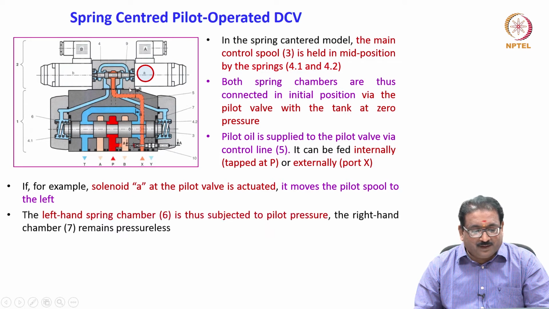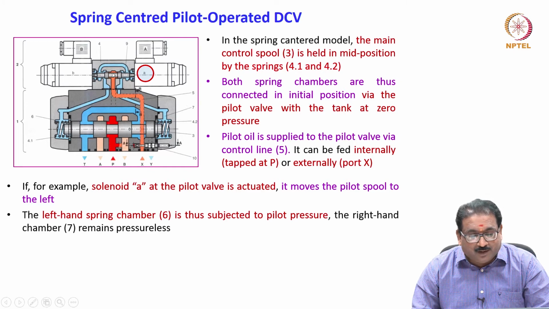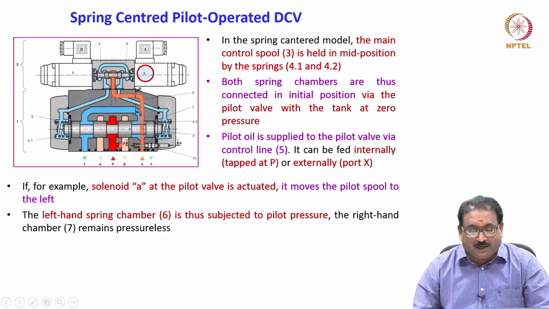The left hand spring chamber, when it moves here, what happens? The flow will go to the left hand spring chamber 6, which is subjected to pilot pressure. When you push here, the flow will come here, subjected to the pilot pressure. The right hand side chamber 7 remains pressureless.